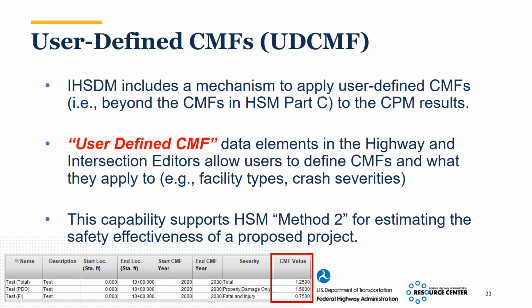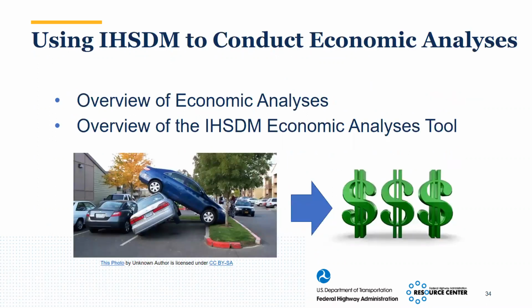At the bottom of the screen, you see a table which shows an example of what it looks like in the interface. We have 3 user-defined CMFs there, one applied to total, one to PDO, one to FI, and the CMF values are in the red box on the right side, showing those values.